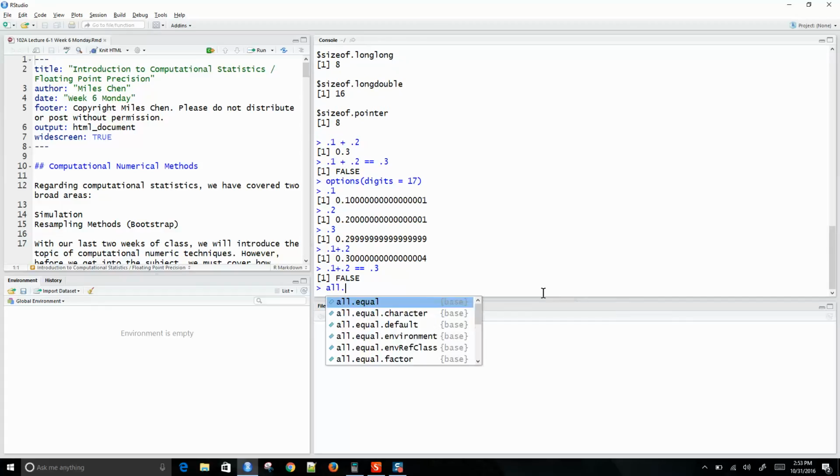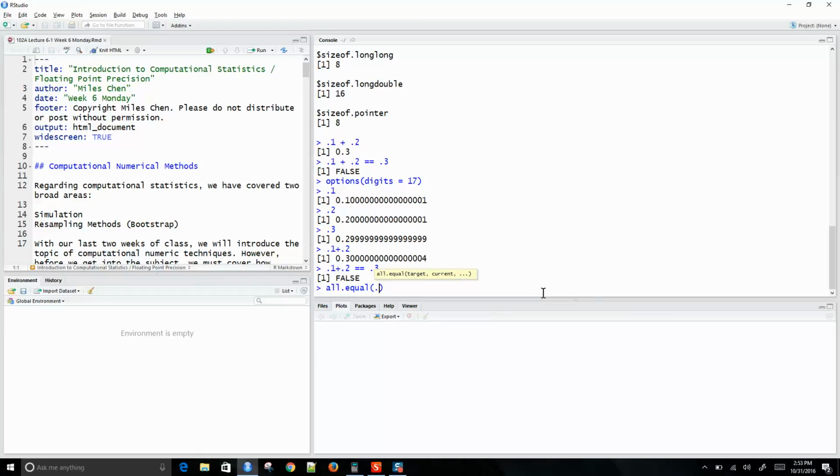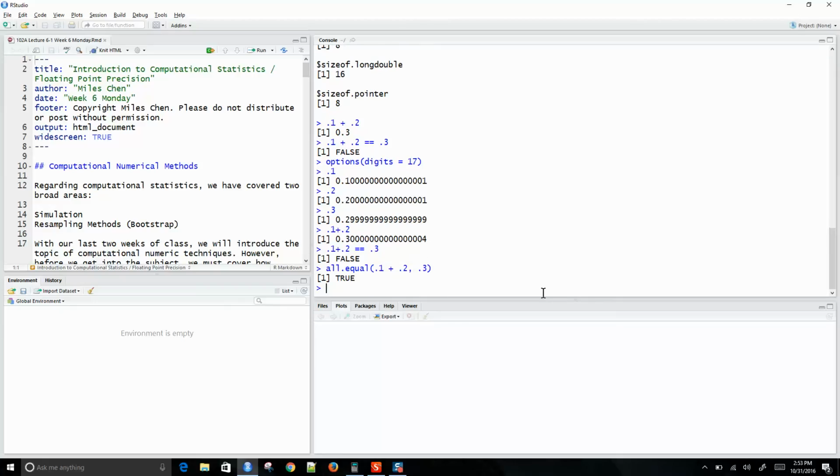So you have a function called all.equal, and this says if two things are very close to each other, within what R deems to be a tolerance value, it's going to say they are equal. So we have to be mindful that numbers in the computer do not behave like the real numbers you are used to working with in math.